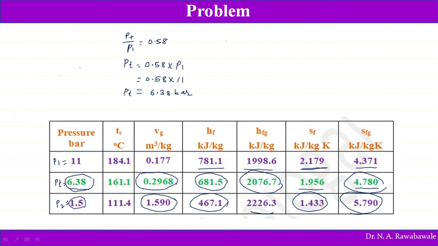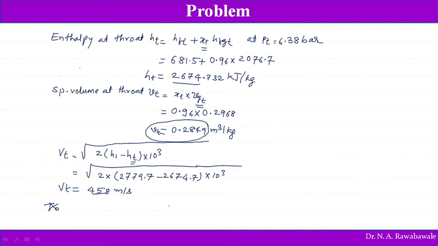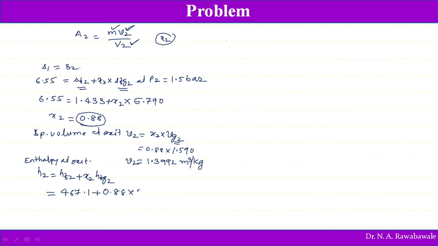This is 6.3. So on calculation we get enthalpy h2 as 26.24 kilojoules per kg. So this is nothing but enthalpy.